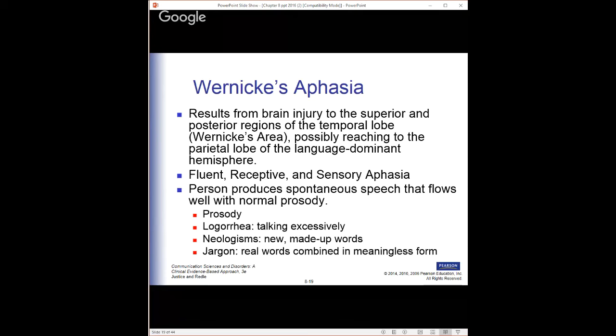Prosody is the melody, intonation, and rhythm of speech. Logorrhea is talking excessively. Neologisms are new made-up words. And jargon are real words combined in meaningless form.